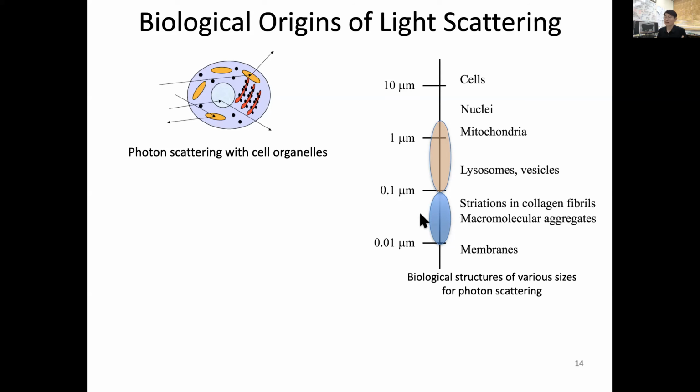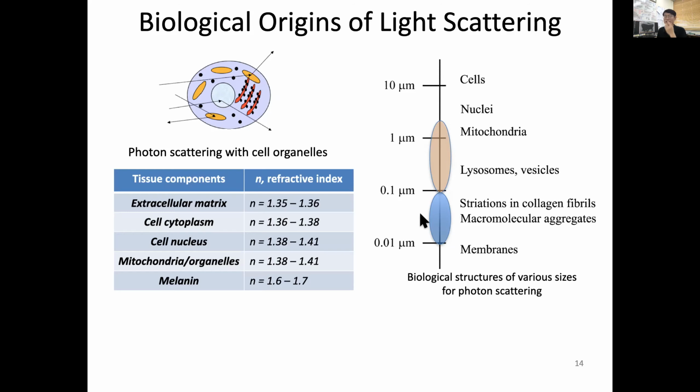So what's really important in this? It's actually complicated. We have to go back to the refractive index of the cellular organelles. The extracellular matrix is a little bit higher than water, which is 1.33. Cytoplasm is about the same. The nucleus can be even higher.